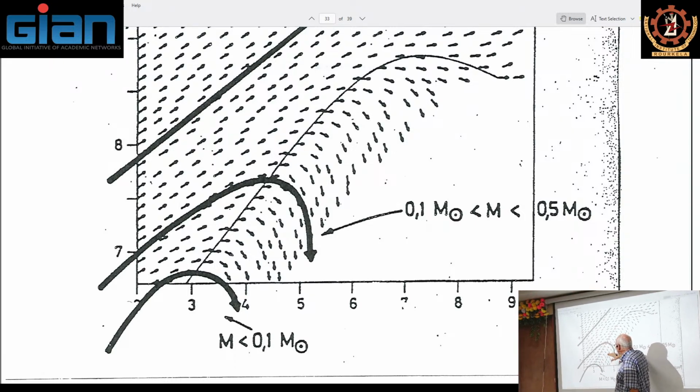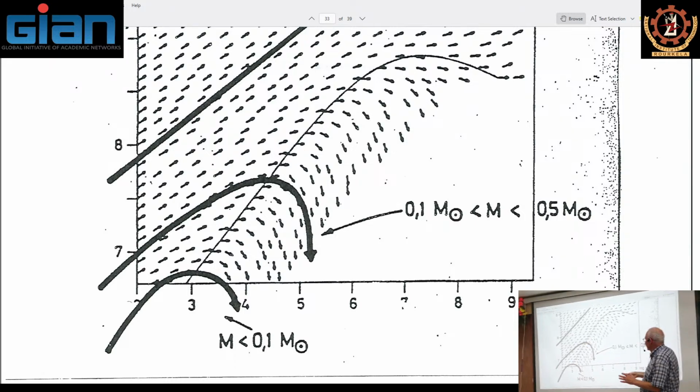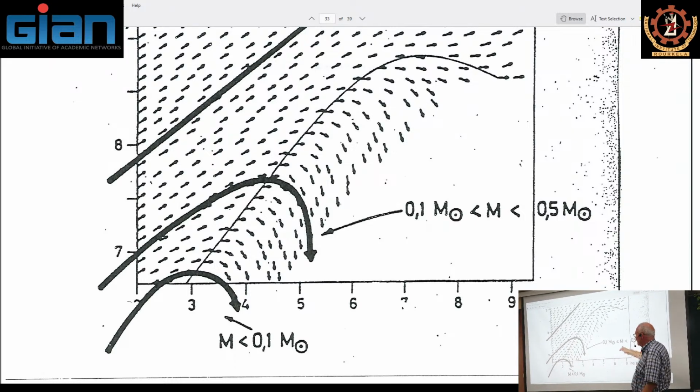Well, and then the next domain or region of masses: if the mass is not massive enough to get a temperature of 10^8 K, it will not ignite helium. If it's more massive, then it might ignite helium, but not yet carbon.